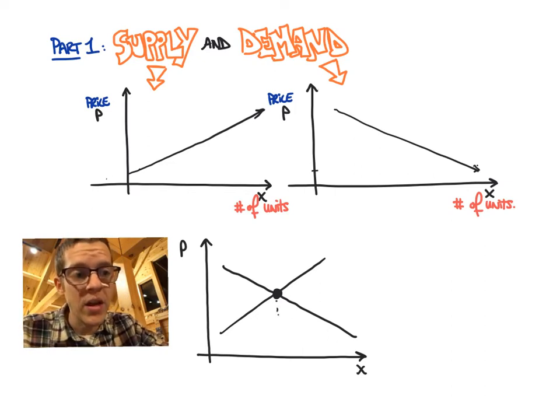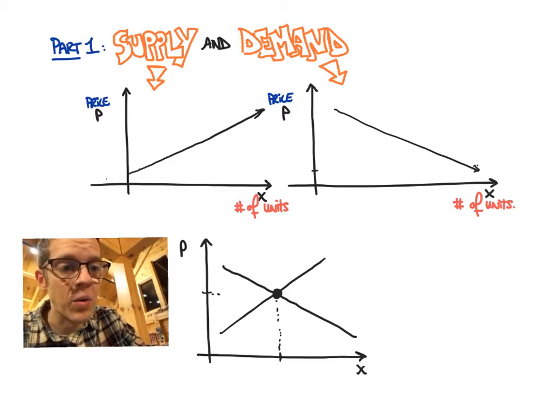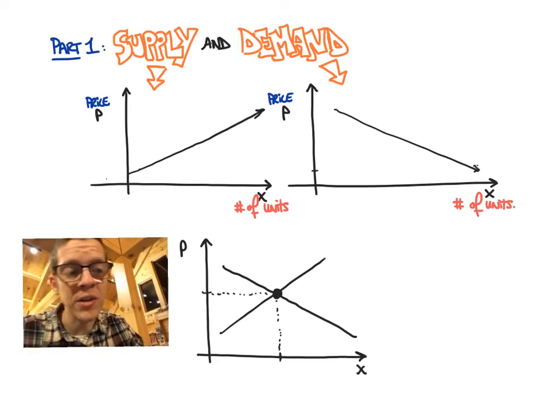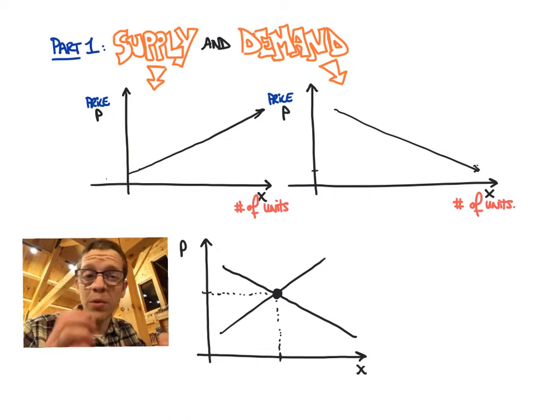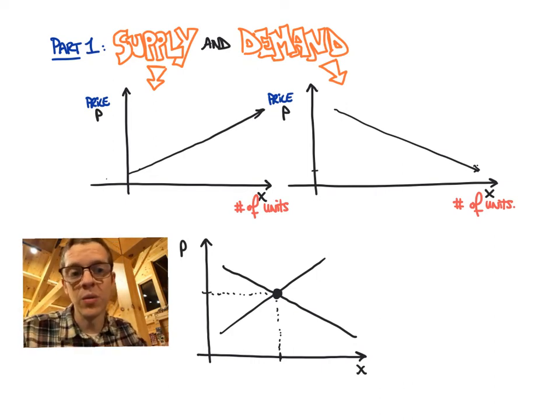If you look at the x value and the y value at this point, that tells us a lot of important information. The y value is the equilibrium price, and the x coordinate is the equilibrium quantity, i.e. the number of units that you would sell at that equilibrium price. And that's the best place to fix that price.